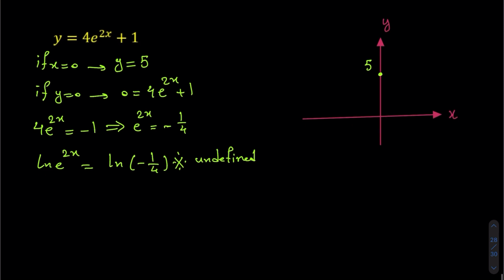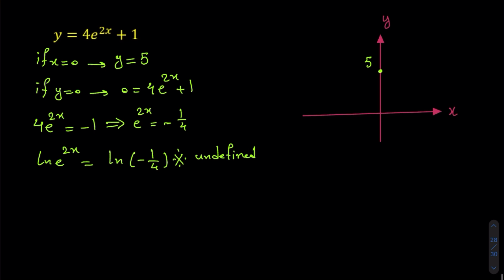Okay, now what else can we do? We need to say, what if x approaches positive infinity? What will happen to y? Then we will just substitute positive infinity here. e to the power of positive infinity will be infinity, times 4 again infinity, plus 1.